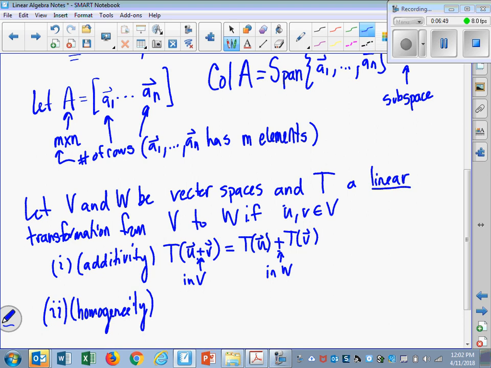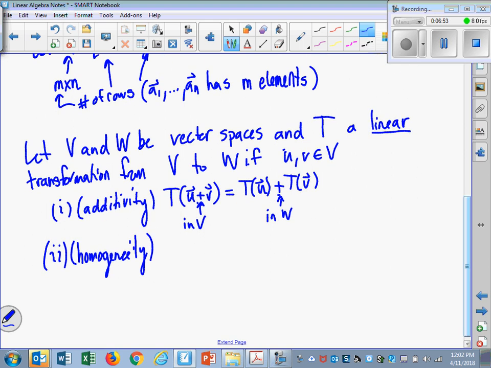Okay, well, what about homogeneity? That's the scaling. So T of some constant c times u is just c times T of u. So that's the same linear transformation that we understood before. Nothing new there, just underneath the guise of vector spaces.